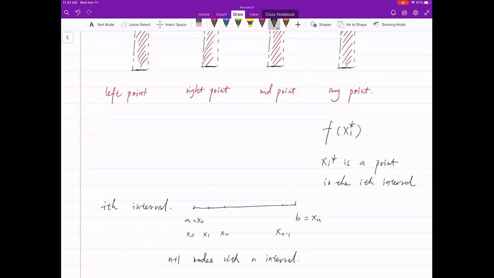Then the left point is nothing but when x_i* equals the left one. The right point is nothing but when x_i* equals the right point. And the third one is nothing but x_i* equals (x_{i-1} + x_i) divided by 2.